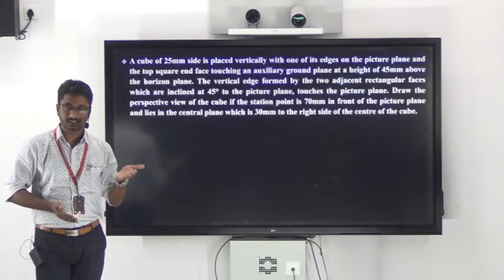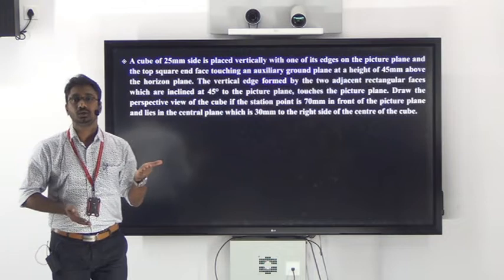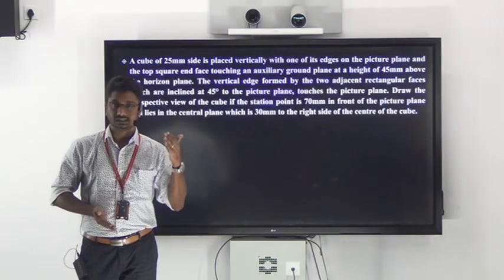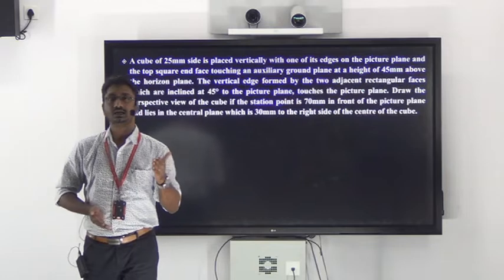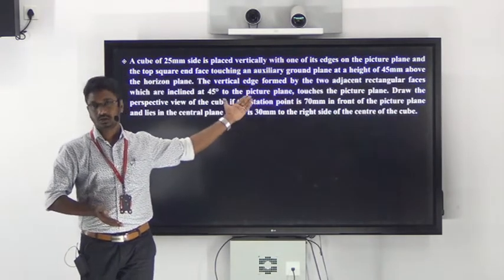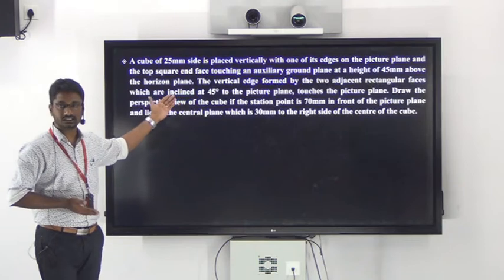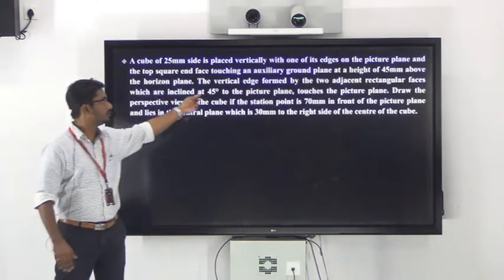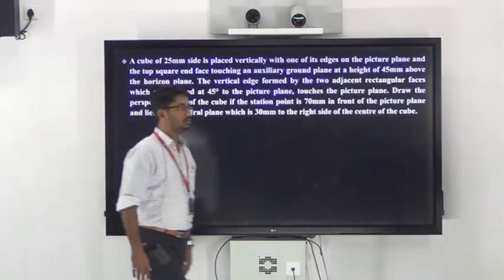And in the last case, the two adjacent faces of the vertical edge which touches the picture plane were inclined at 45 degree to the picture plane. Here also the two adjacent faces of the vertical edge which touches the picture plane are inclined at 45 degree to the picture plane.